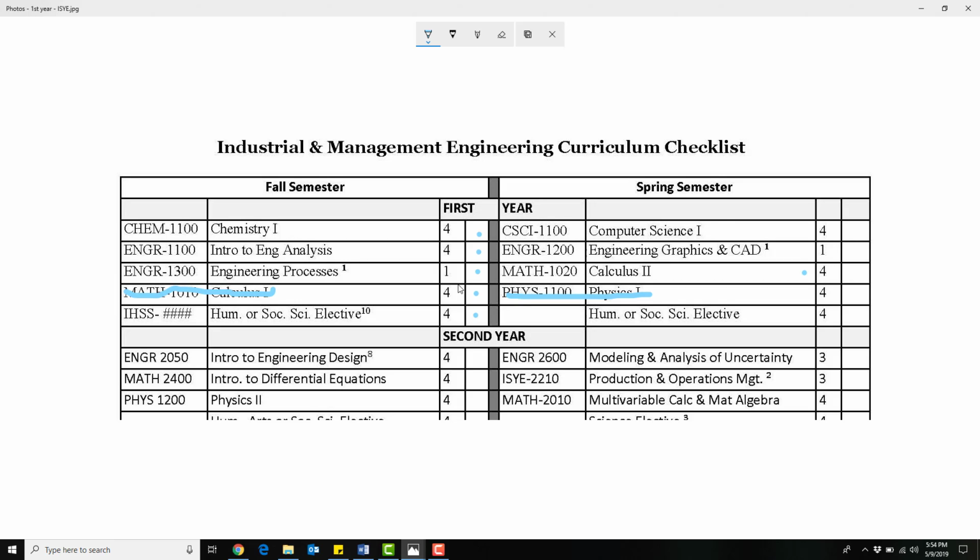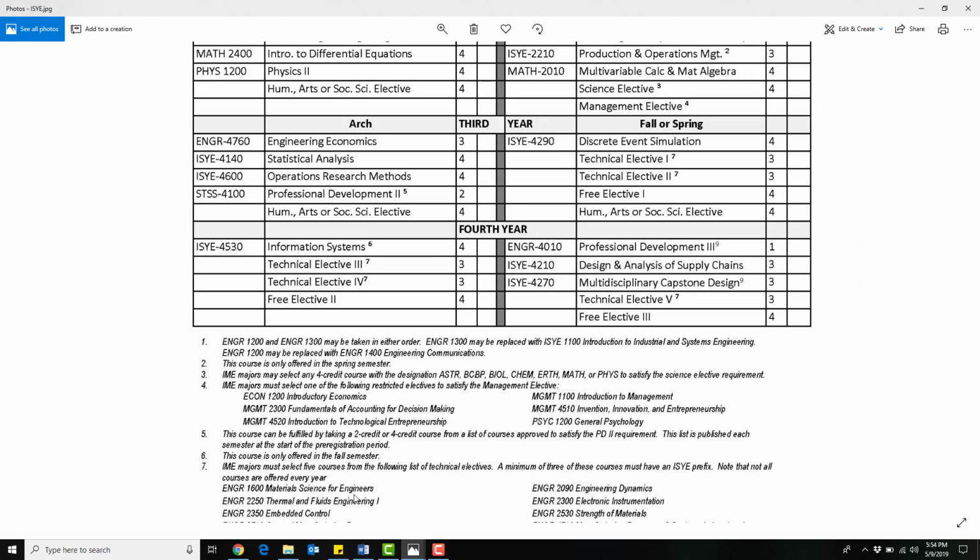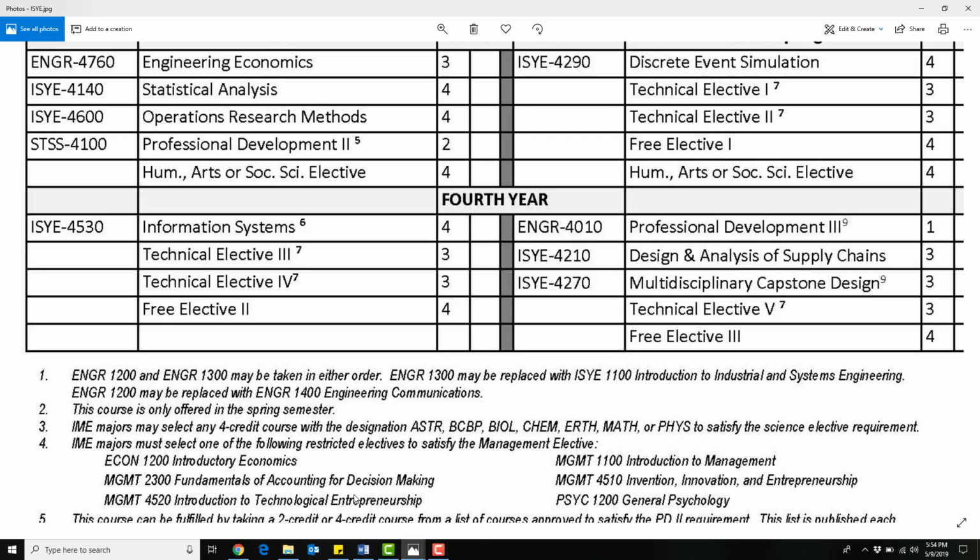Taking a look into the next semester briefly, here are some courses that you will be taking. First is Computer Science 1. And then the next one is Engineering Graphics and CAD. I'd mentioned that we would revisit that one. Footnote number 1 says ENGR 1200, or Engineering Graphics and CAD, may be replaced with ENGR 1400, Engineering Communications.